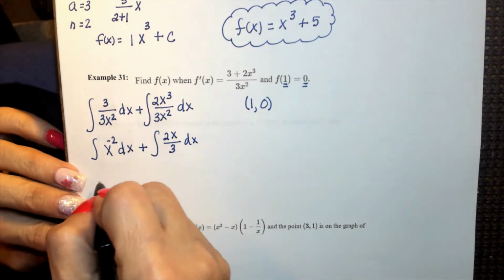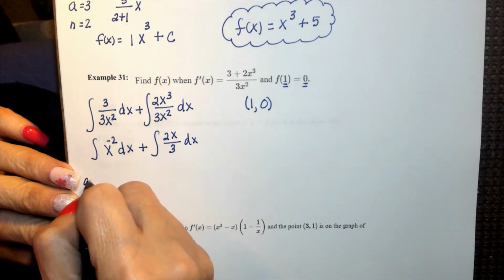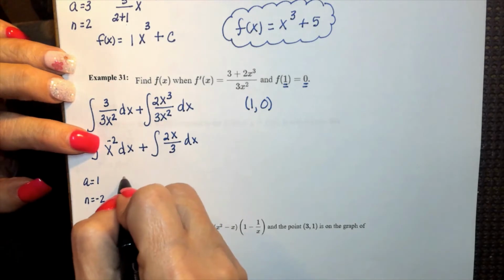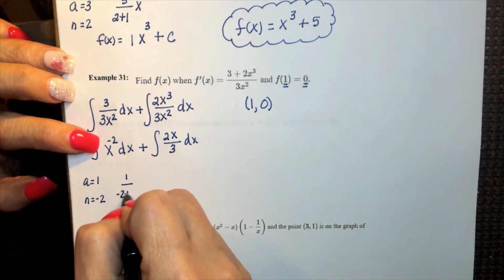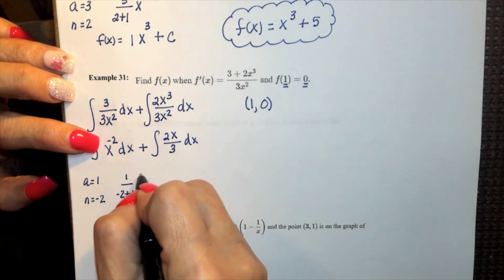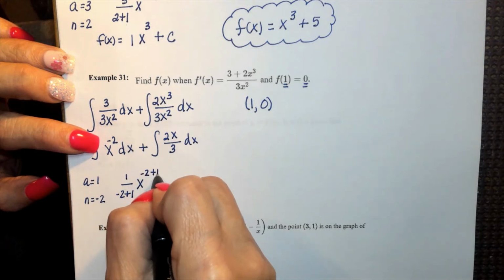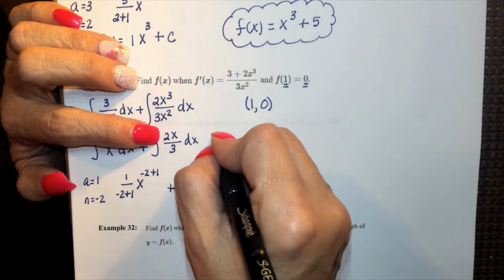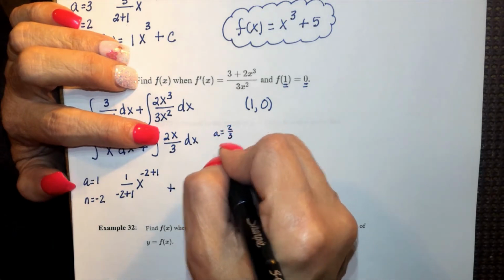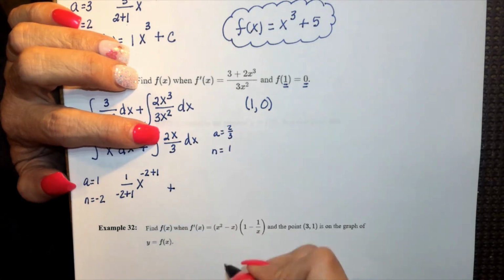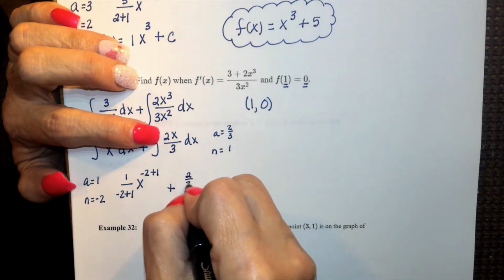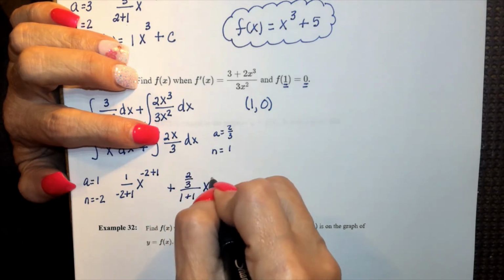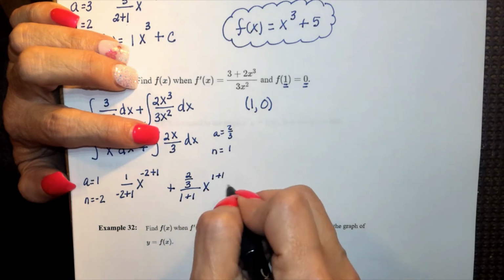When I integrate, I'm going to end up with a is 1, n is negative 2 on this first one. So 1 over negative 2 plus 1 times x to the negative 2 plus 1. Plus, this one, my a is 2/3, and my n is 1. So I'm going to have 2/3 over 1 plus 1 times x to the 1 plus 1.